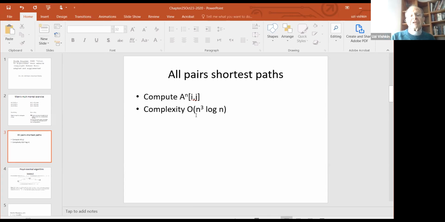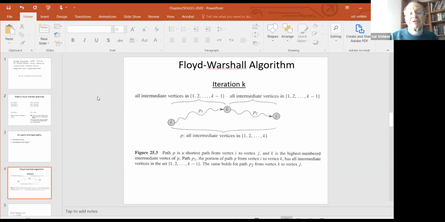So instead of doing it in n cubed log n, we'll do it in n cubed. This algorithm is known by the name Floyd-Warshall. It goes through basically the same rationale as matrix multiplication, but in a more efficient way, saving some redundancy, some doing the same thing again and again.